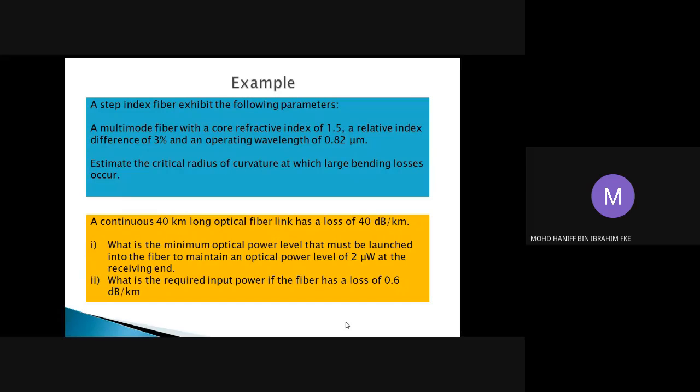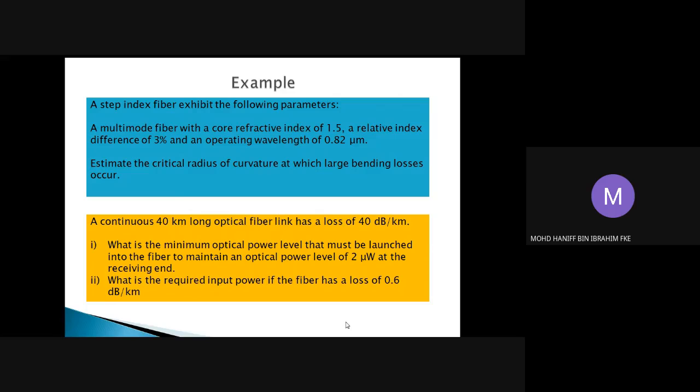We have the step index fiber, which exhibits the following parameters: a step index multimode fiber with a core index of 1.5, relative index difference delta of 3%, if you can recall that, and operating wavelength of 0.82 micrometer. We need to estimate the critical radius of curvature at which large bending losses occur.